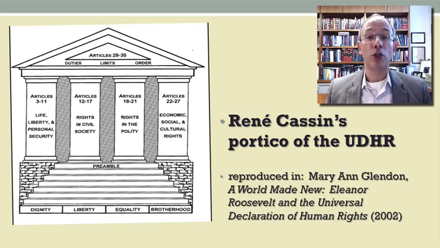This conception integrates at the base level, or the steps, the themes in the Preamble with the different pillars of types of rights in the main building, and the portico dealing with duties and limitations. Now, this is one way of viewing the instrument as a whole, but as we will see, each of the pillars in particular have been the subject of subsequent international agreements and negotiations, and we'll explore those in depth in this course.